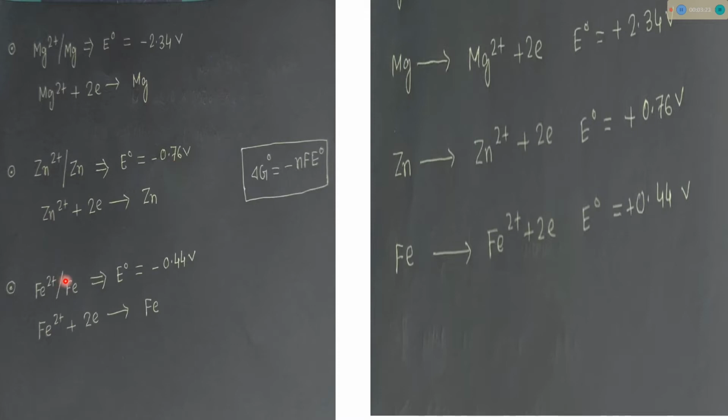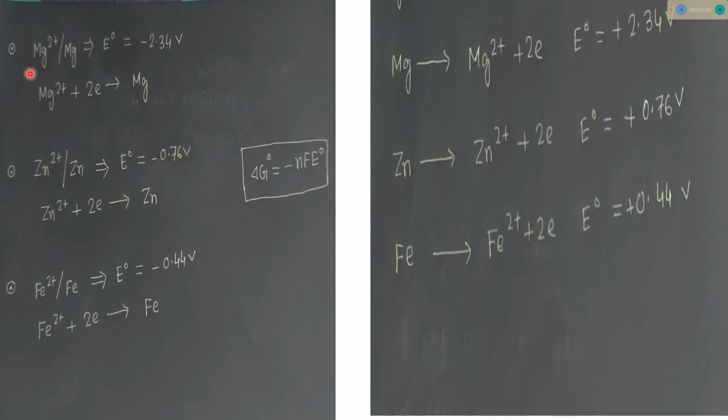So we all know that delta G0 is equal to minus nFE0. n is the number of electrons involved in a particular cell reaction or half cell reaction, F is the Faraday constant, and E0 is the cell potential, or for a half cell it is a reduction potential.